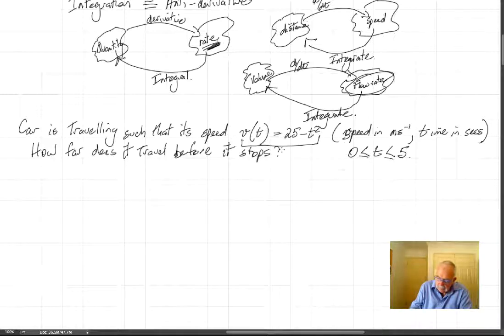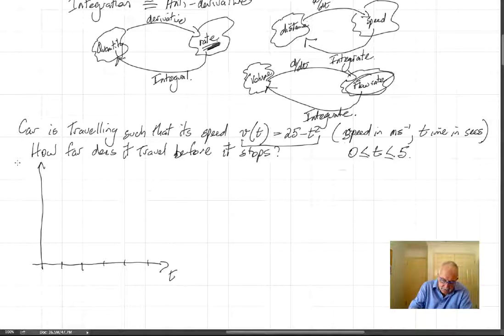Okay, so let's look at a graph. We've got 1, 2, 3, 4, 5. So this is time, and this is my speed: 5, 10, 15, 20, 25 is up here. So when t is equal to 0, it is travelling at 25 metres per second.